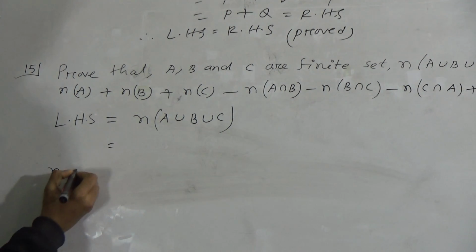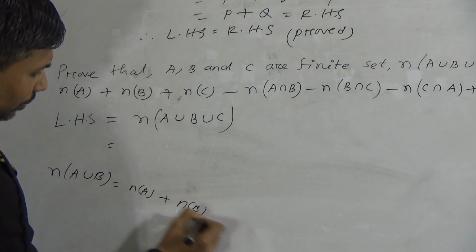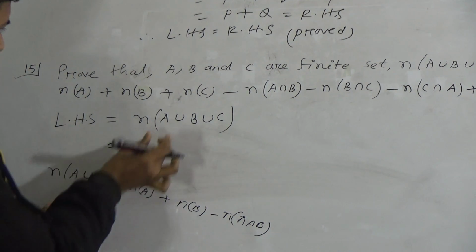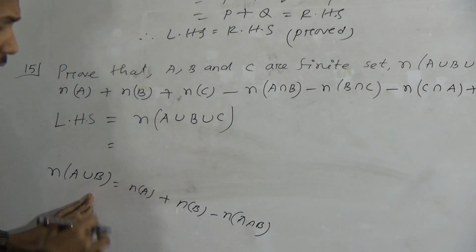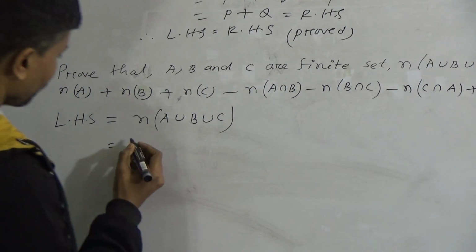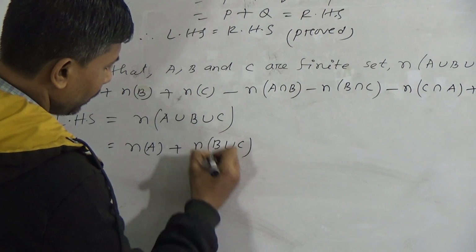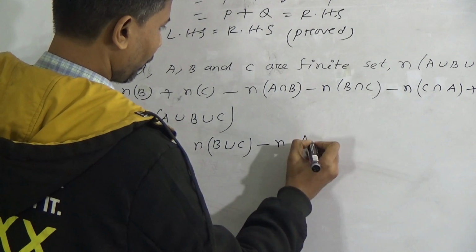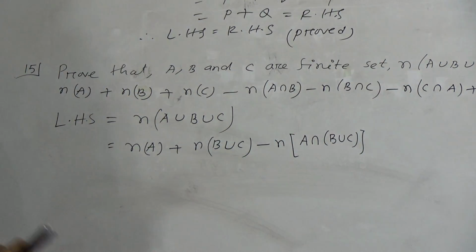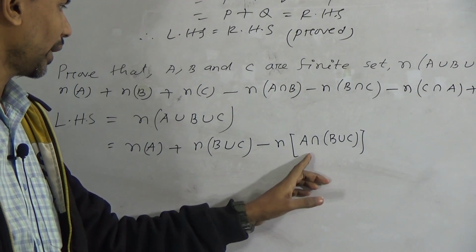That means number of A union B, we have to use this formula: number of A plus number of B minus number of A intersection B. Here we consider A, and B union C as B. Now use number of A plus number of B union C minus number of A intersection B union C.